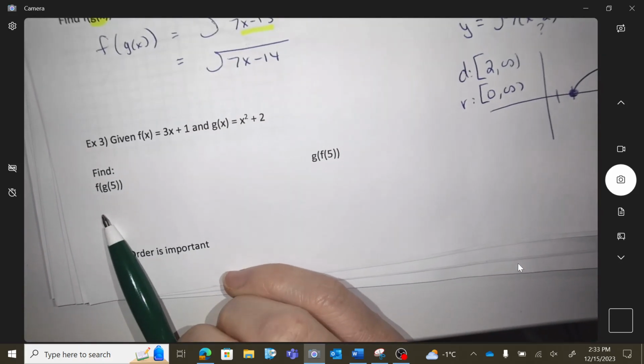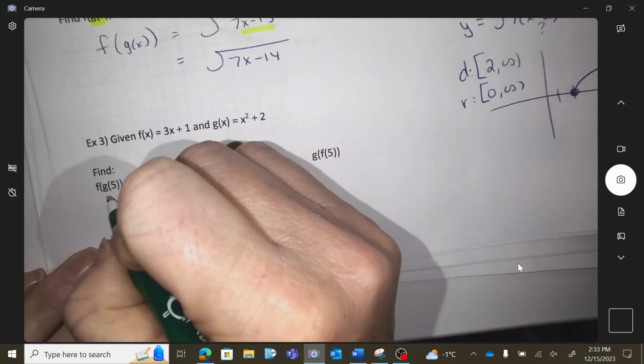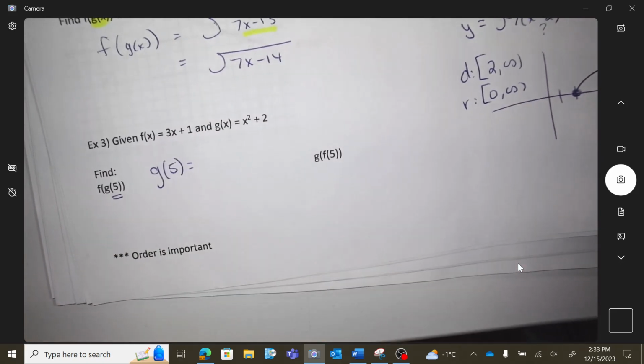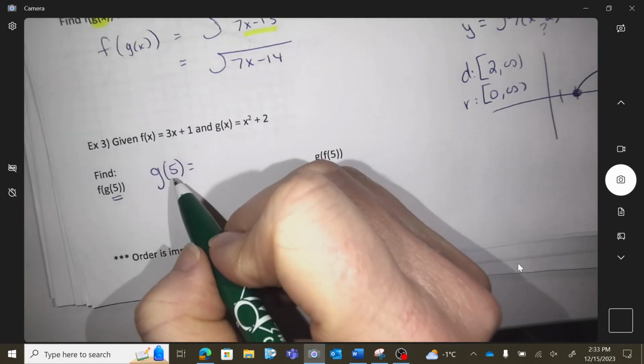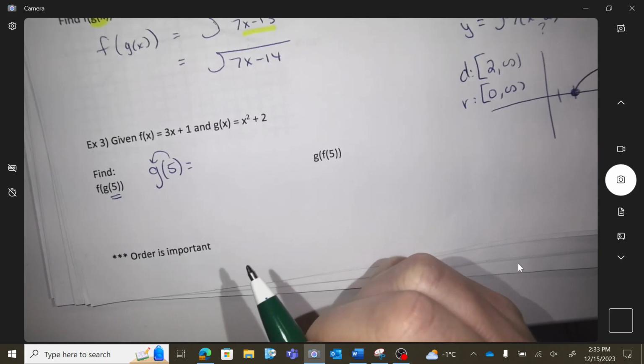Okay, find f of g of 5. So you need to work this first. Can you get me what is the g of 5? So what are you doing? You're inputting a 5 into the g. Put a 5 into the g.